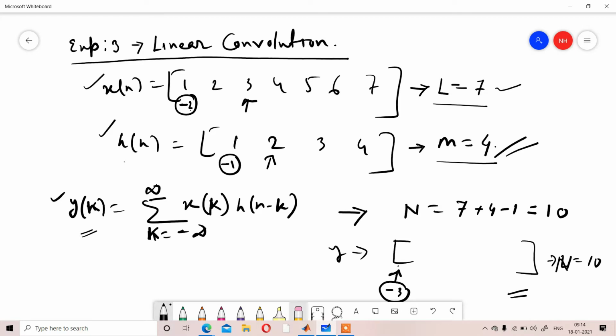Whenever you write a code, obviously first you have to add clear all, close all, clc. After that, as I have told you, you have to ask for the input sequence. Suppose we have two input sequences, x and h. So first you have to ask for the value of x.